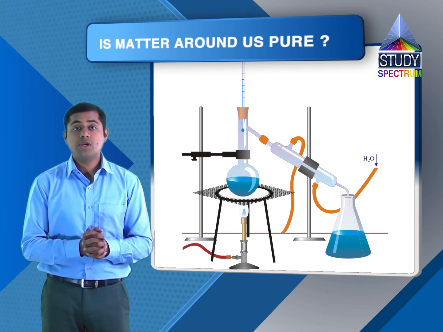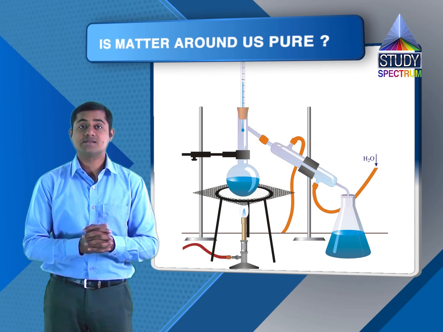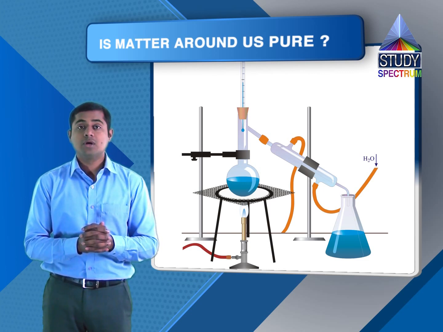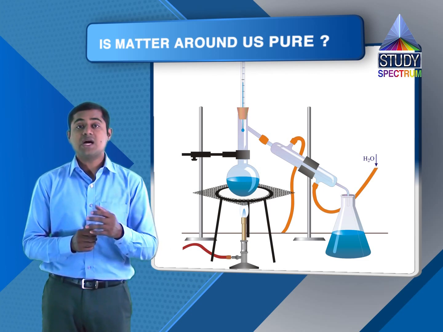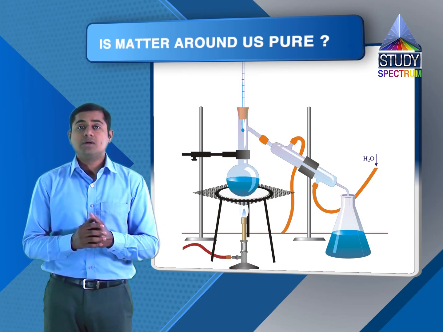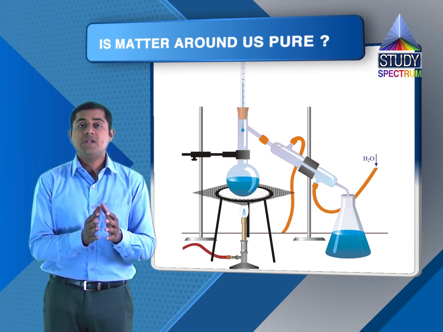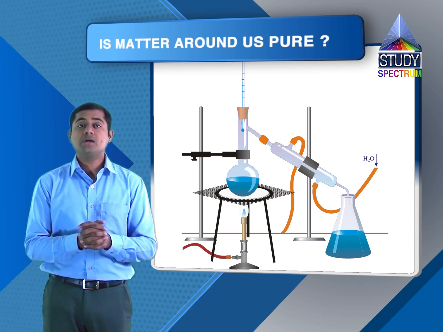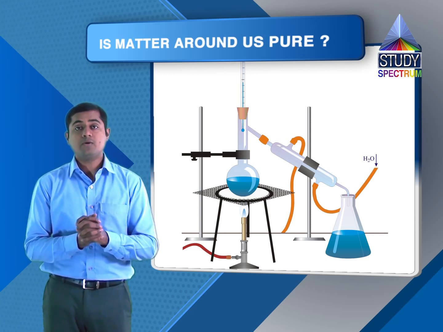Water has its boiling point at 100 degrees Celsius. Acetone, on the other hand, starts boiling at a very low temperature. It doesn't need 100 degrees Celsius to get evaporated, to vaporize.